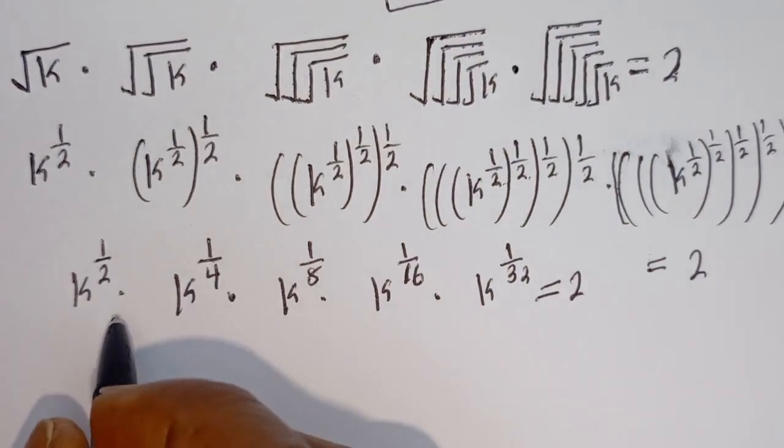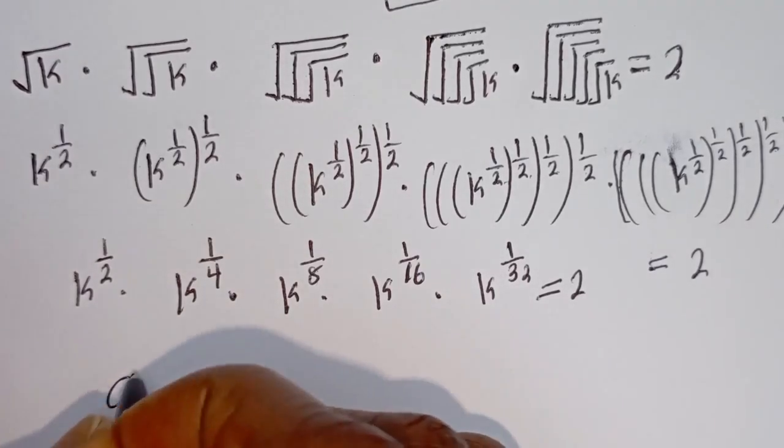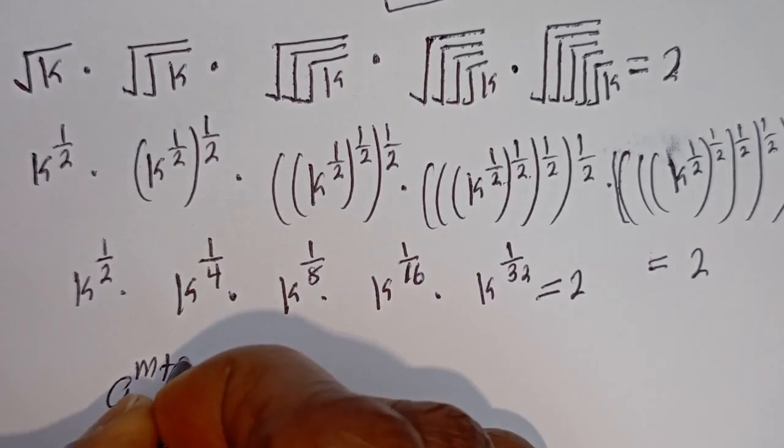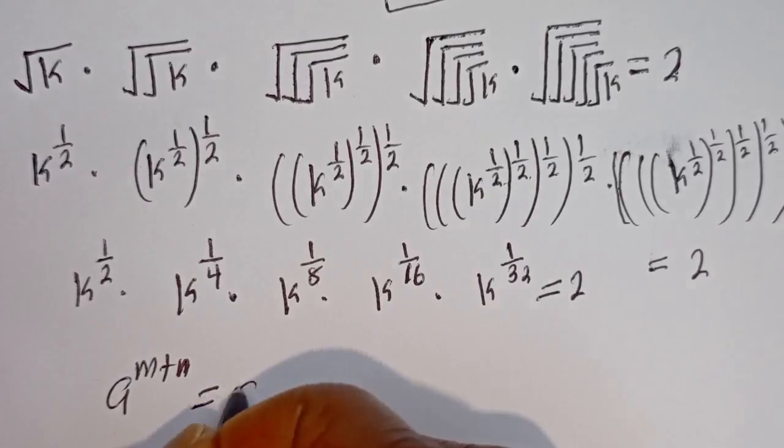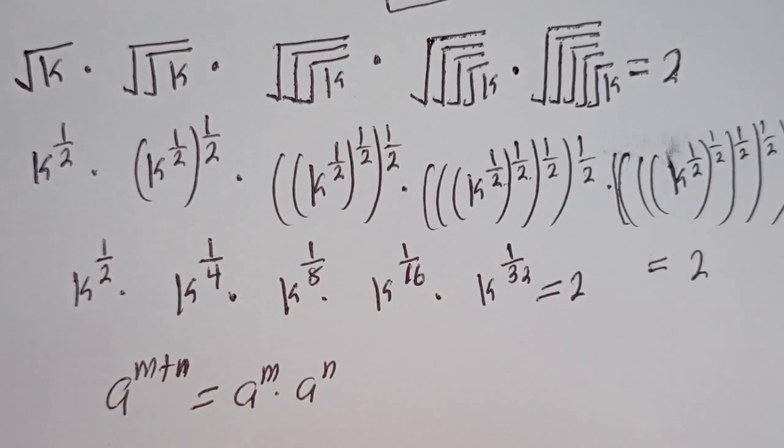Then here, take note of this: if you have a to the power of m plus n, this is equal to a to the power of m multiplied by a to the power of n.